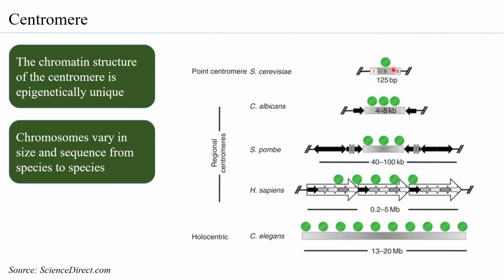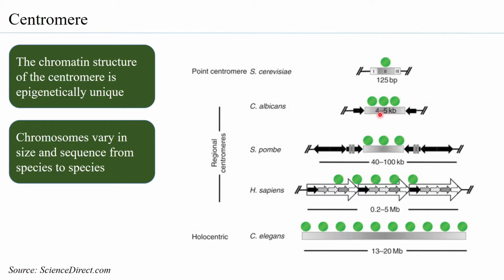So it is a very short part of the DNA that forms the centromere, and that is why such centromeres, which are defined and very short, are called point centromeres, and you find them in Saccharomyces cerevisiae. Now let us look at Candida albicans. You can already see that Candida albicans can be considered a regional centromere. Why?